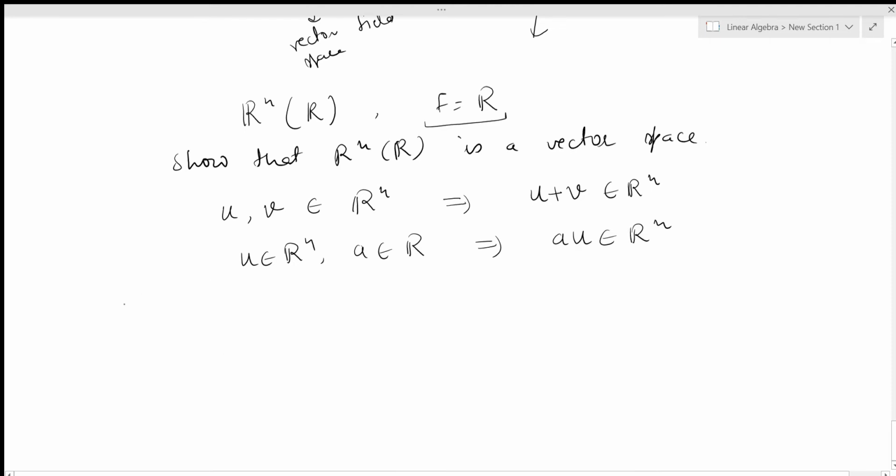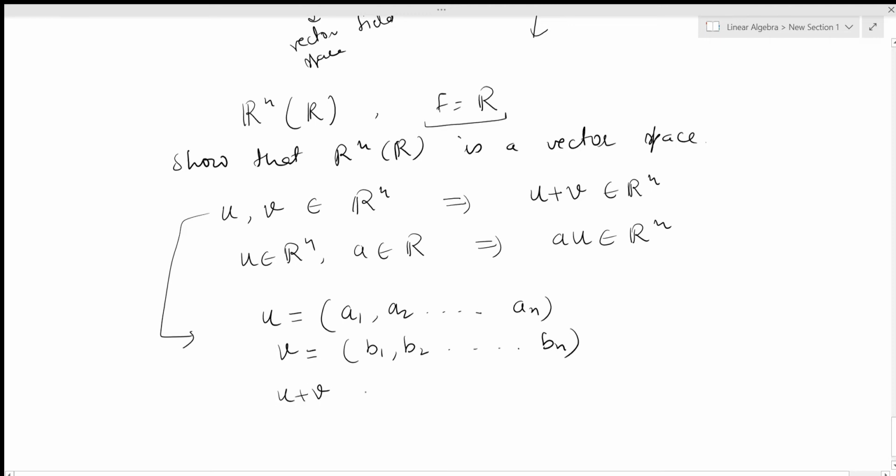So let's start with this. If u belongs to Rn, that means u is an n length vector. So you can write u as (a1, a2, and so on, an), and your v is of the form, suppose (b1, b2, and so on, bn), an n length vector. Now if we add these two, u plus v, the addition is component wise.